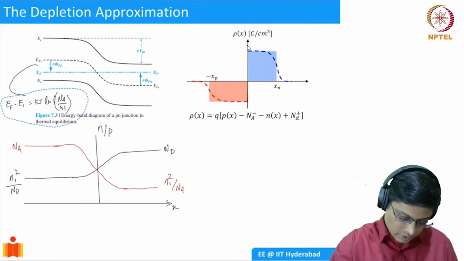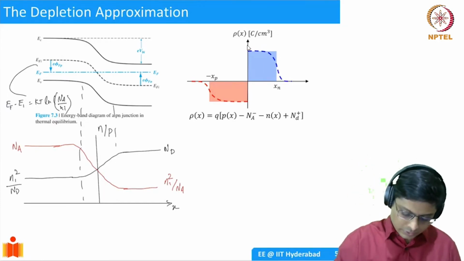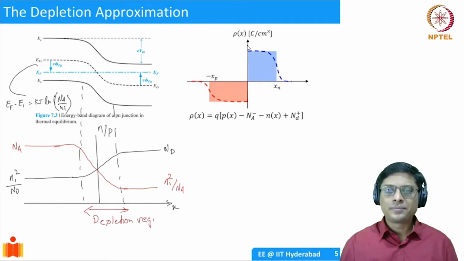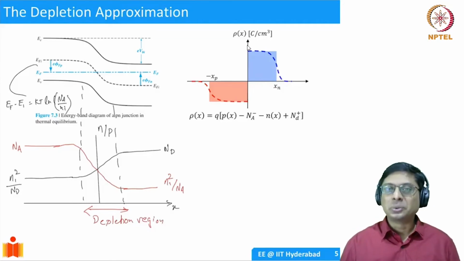So this is going to be the axis, and this is your depletion region. If you notice, it's not exactly true. We said there are no free charges in the depletion region.